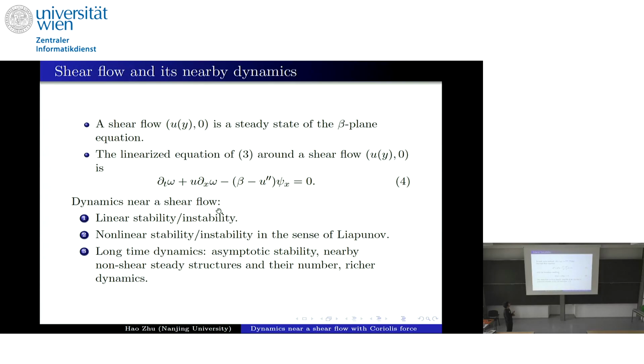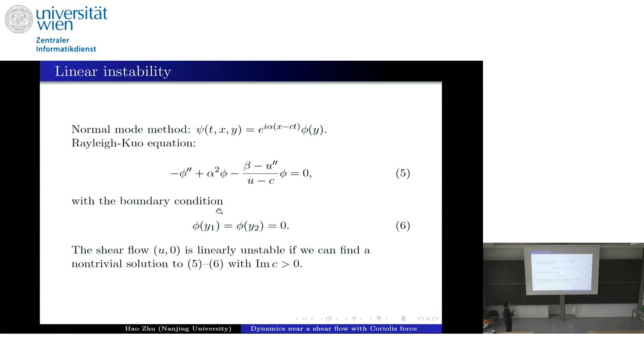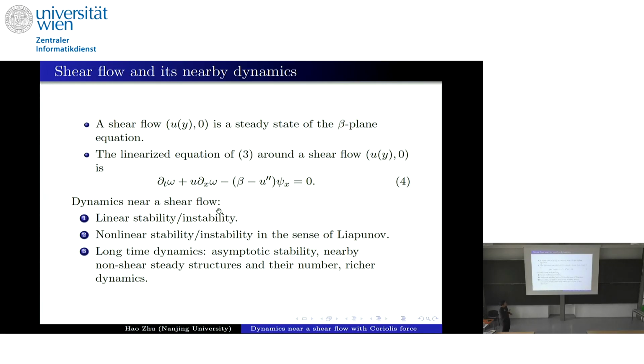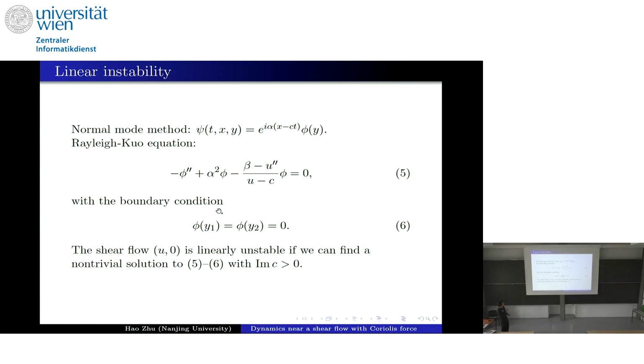So let us first see the linear stability, instability. A method is called the normal mode method. We take such a solution in this form into the linearized equation, and then we get the Rayleigh equation with the Dirichlet boundary condition.